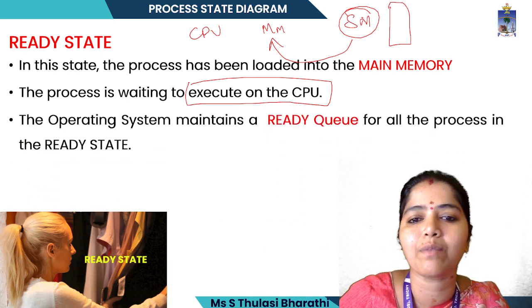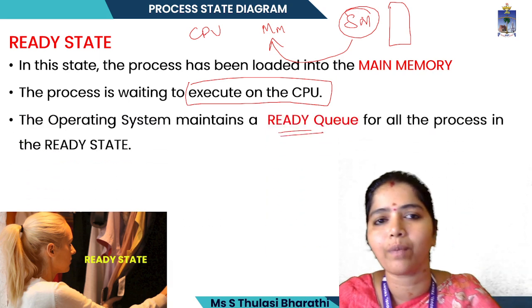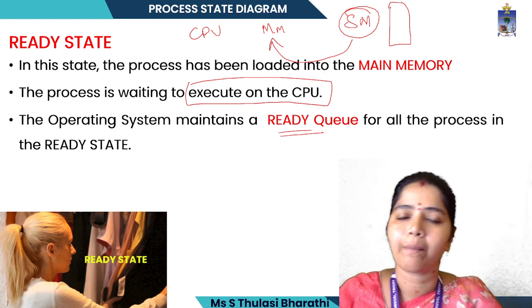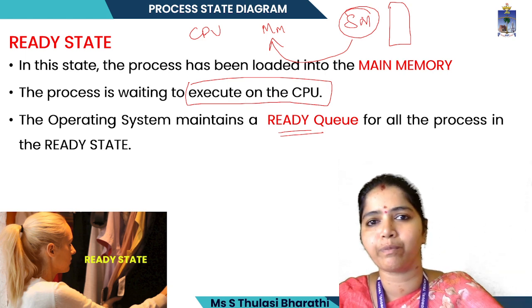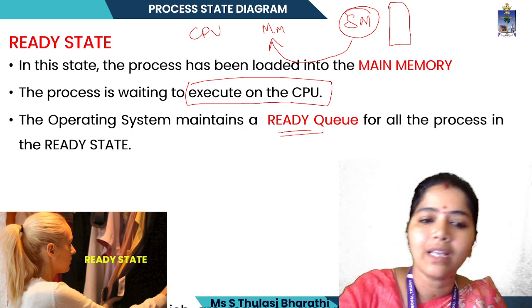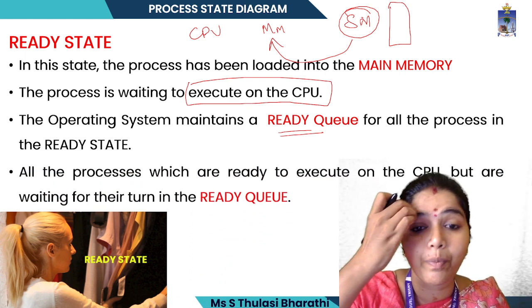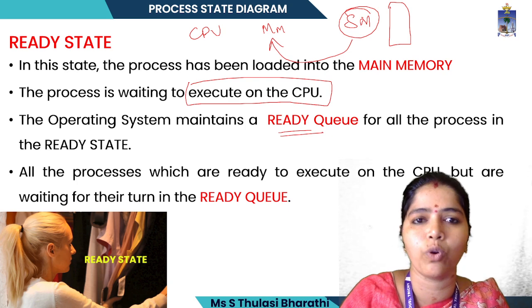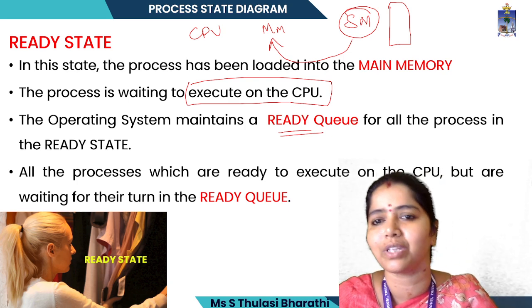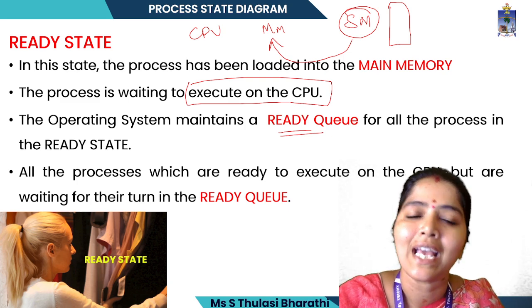The operating system maintains a ready queue for all the processes in the ready state. In my ready queue, packing up, my food, my things would all be kept in the ready state. All the processes are ready to execute on the CPU but are waiting for their turn. Okay, I am ready; if my turn comes, I will execute. That is the ready state.